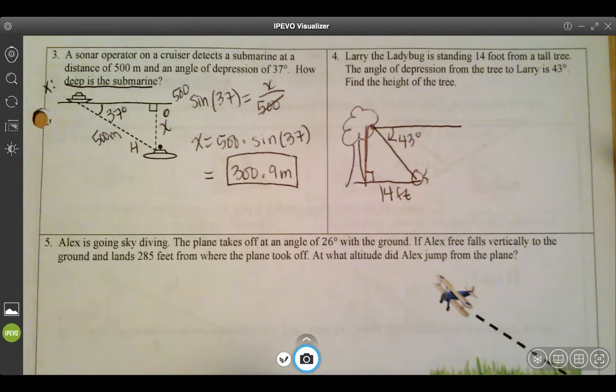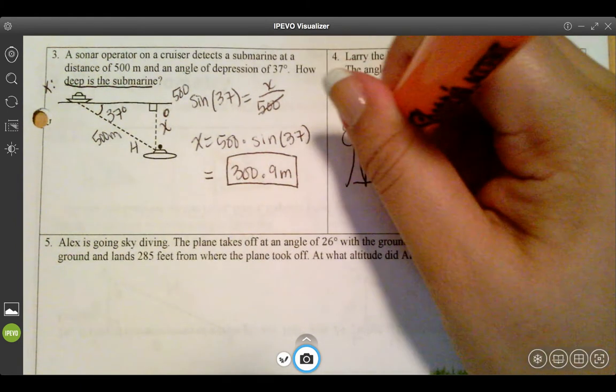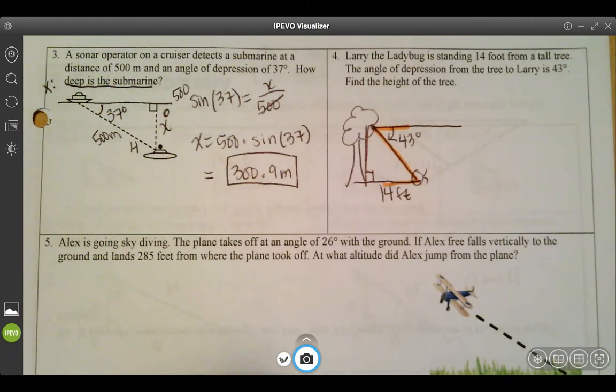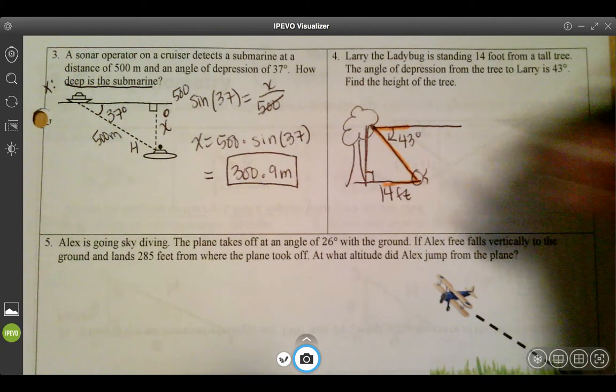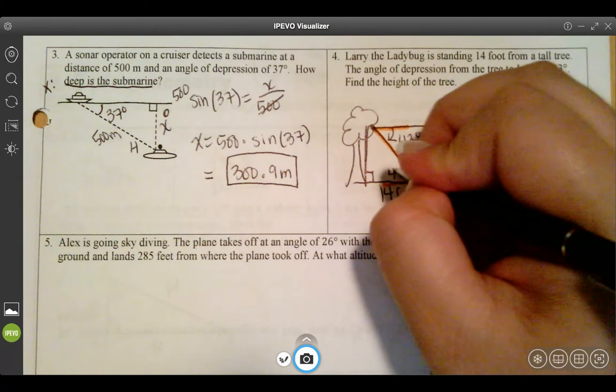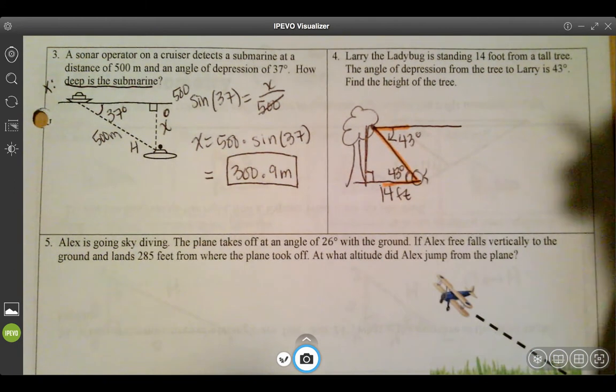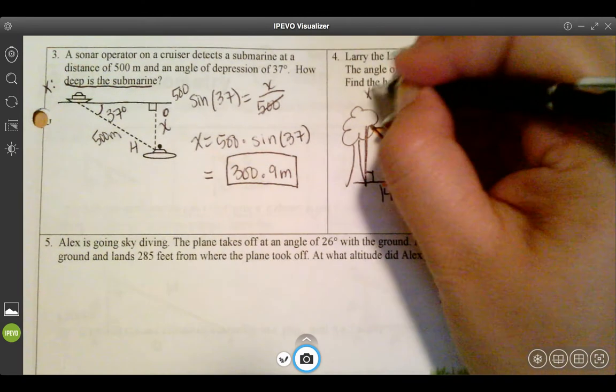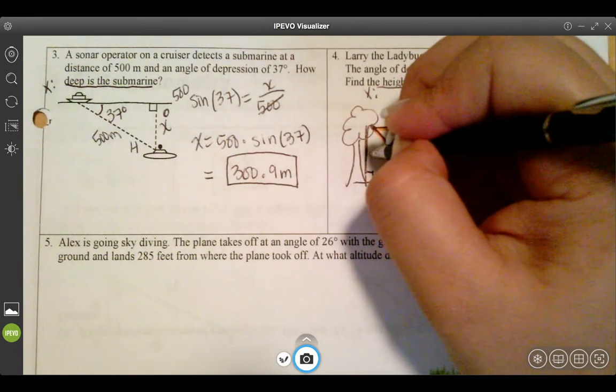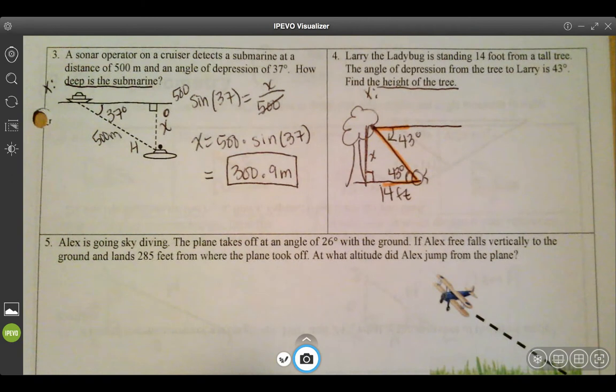Okay, so my angle is not in my triangle. What can we do? Well, remember we said the angle of depression is congruent to the angle of elevation. These are parallel lines. And so we can also say that this angle here is 43 degrees. Now we have enough information. X is the height of the tree. I'll put it inside so that you can tell it's the height.